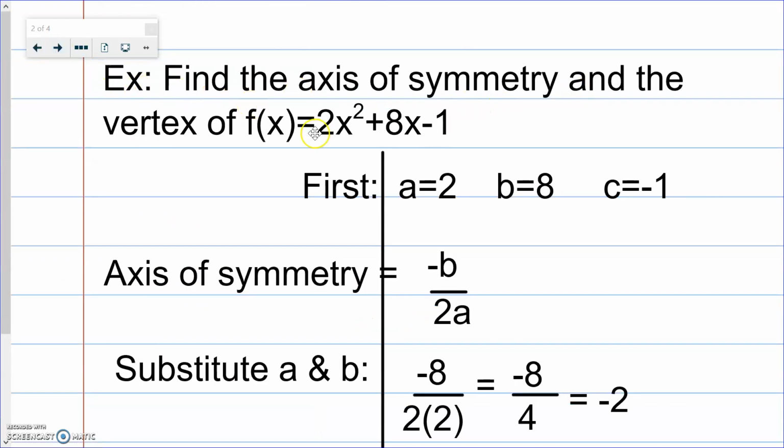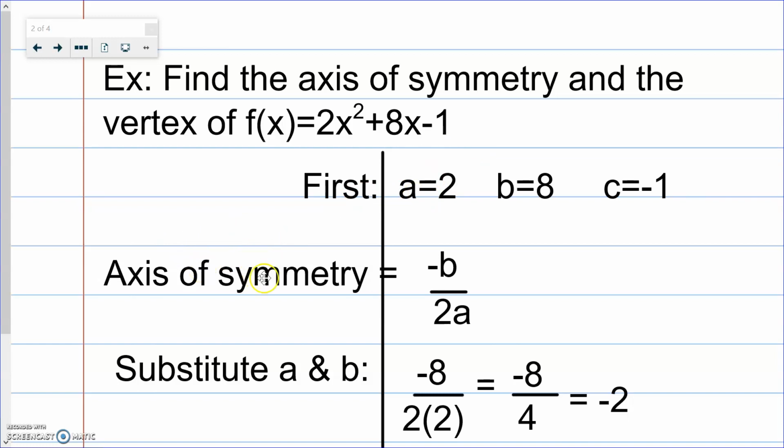Find the axis of symmetry and the vertex of the function f of x equals 2x squared plus 8x minus 1. The first thing I want you to notice is that a equals 2, b equals 8, and c equals negative 1. And from this, we can start plugging these back into our formulas.